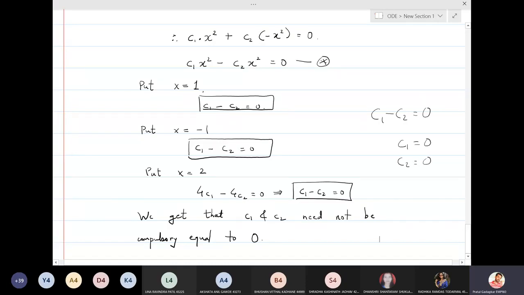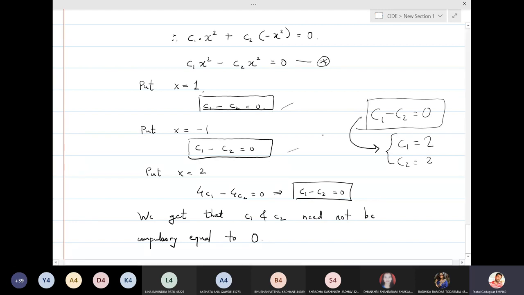Can you say that 100%? You will say no, it can happen that C1 is 2 and C2 is also 2. So are you getting only the conclusion that C1 and C2 have to be 0? I'm getting a conclusion that I cannot determine from only one equation that C1 must be 0 and C2 must be 0. To show that C1 is 0 and C2 is 0, you will need one more equation.